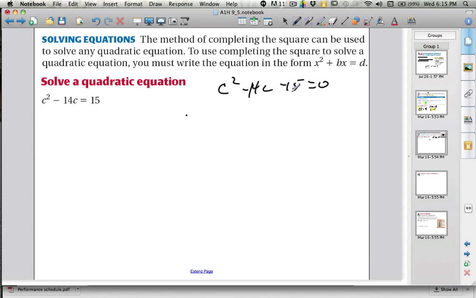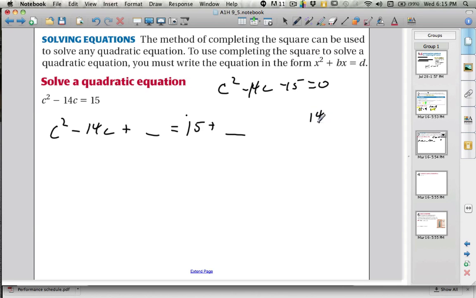If I add 15 to each side of the equation, I'll get this. And then I need to find this correct value, so I'll have c squared minus 14c plus something that we don't know will be equal to 15 plus that same something. Whatever I add on this side, I have to add on that side.